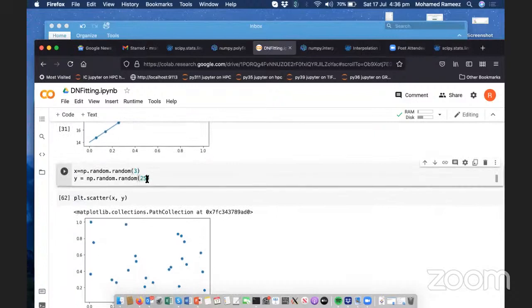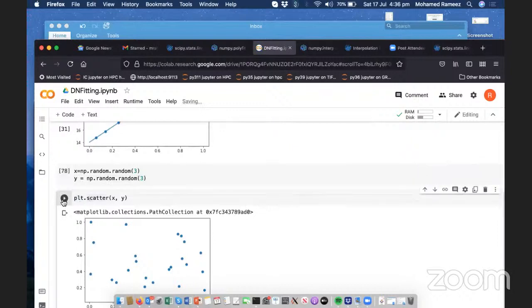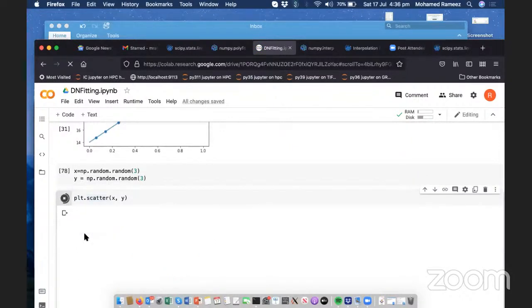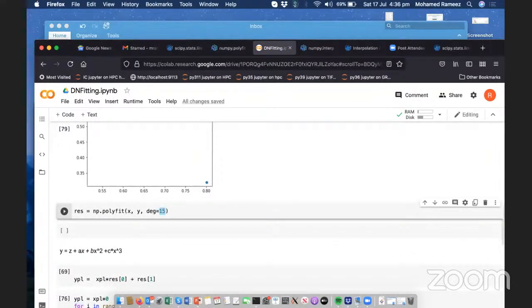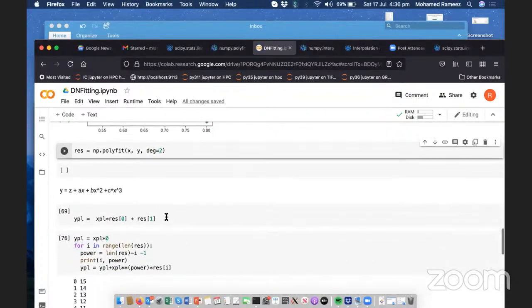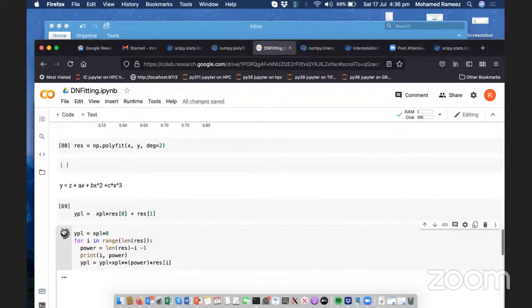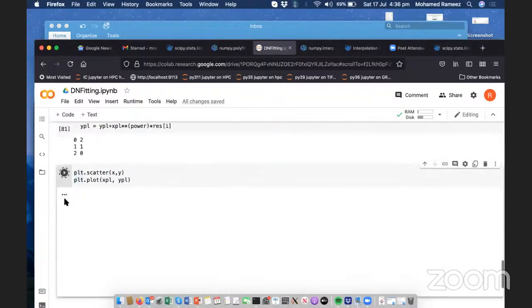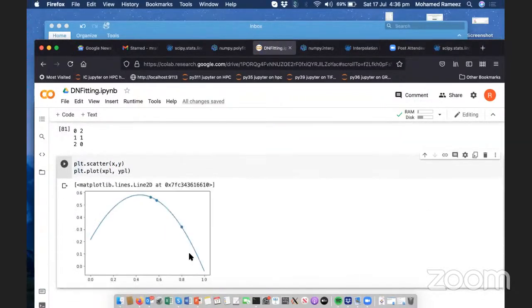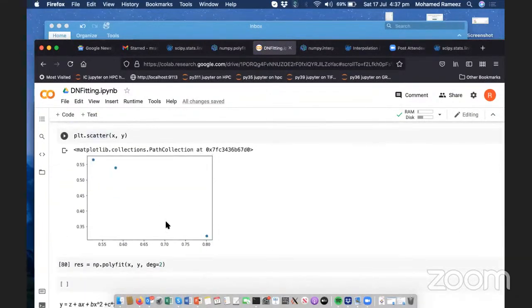So if you have just 3 points, like this situation, then the maximum you can fit is a second-degree polynomial, right? If I plot now, it has fit a second-degree polynomial to the 3 points I generated. You see these 3 points.